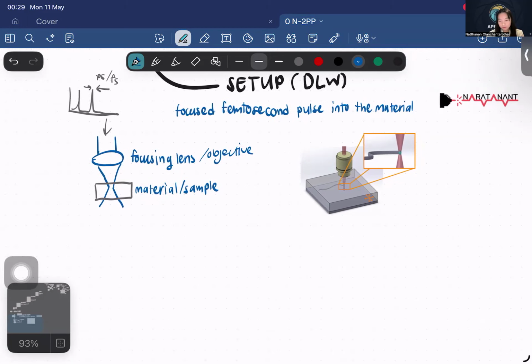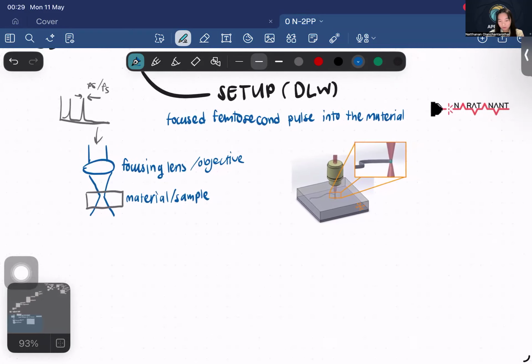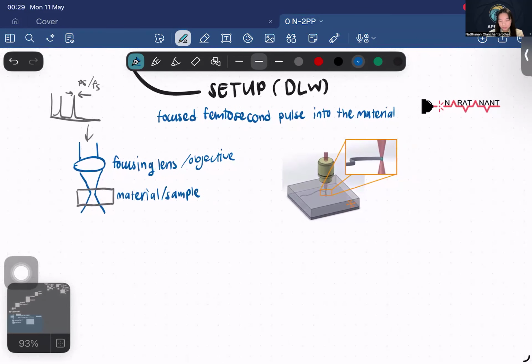And the reason it is called laser writing is that using the femtosecond pulse and focusing it down into the material means that it has very high intensity. So the process that happens in the material is a nonlinear process.